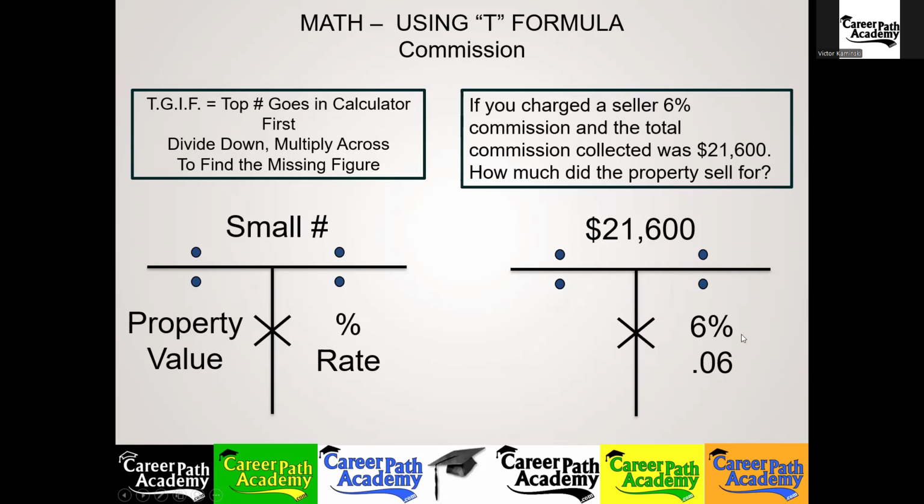And we know the percentage because it's showing right here. So you divide down or multiply across. In this case, we got to divide down. And when you do that, TGIF, the top number goes in the calculator first. So 21,600 divided by 6% is what? You guys have your calculators handy?